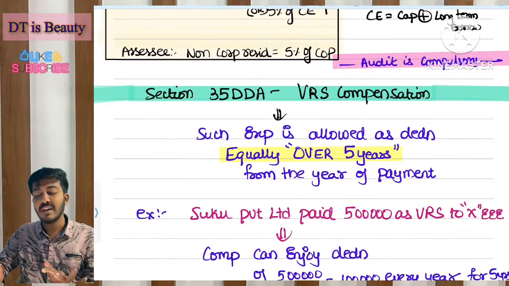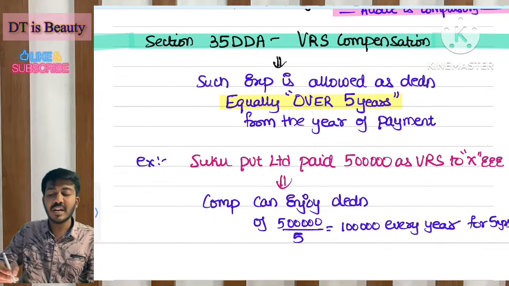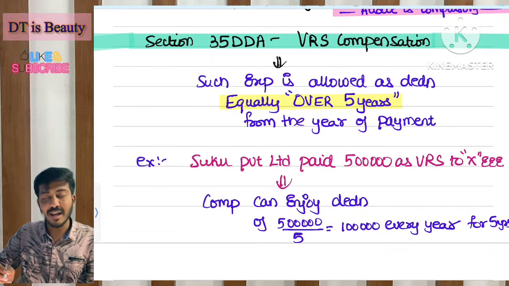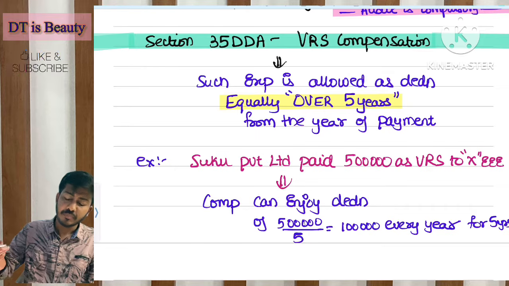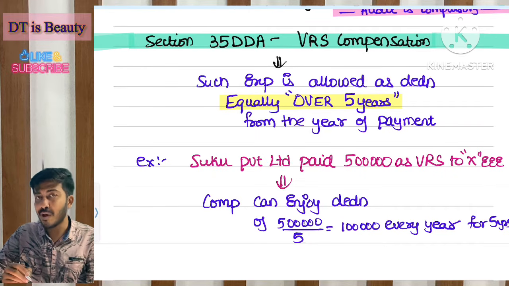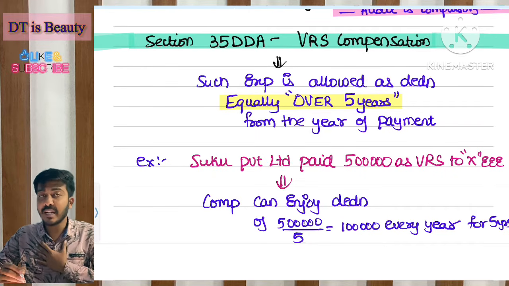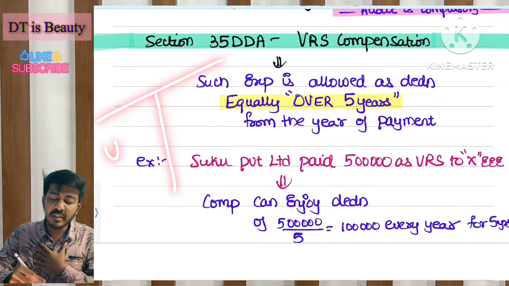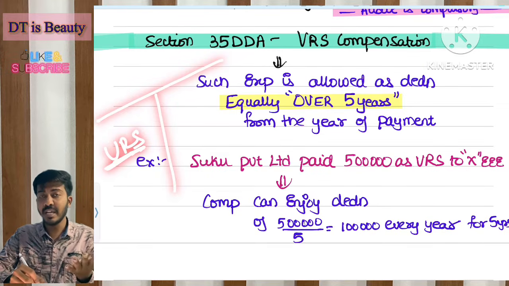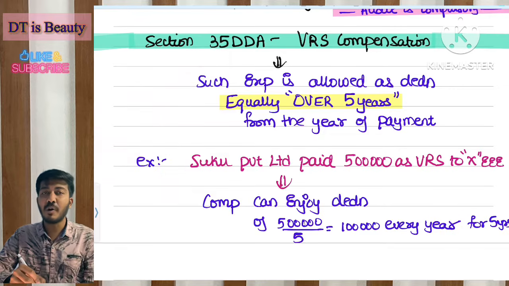Next concept is VRS compensation, section 35DDDA, which we have learnt in the salaries chapter, voluntary retirement scheme. If the company pays voluntary retirement scheme money to the employees, it is an expense to the company, right? If they debit the entire VRS in P&L, the amount will be high, which will affect the profit, and income tax will not be properly paid.